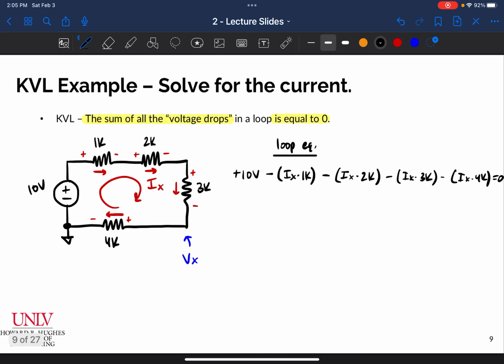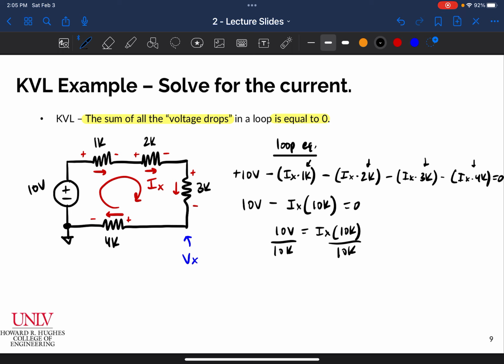I write my loop equation: 10 volts minus, and I can factor an IX out, leaving a 1K, a 2K, a 3K, and a 4K, which sum to 10K, and this equals 0. Adding to both sides, 10 volts is equal to IX times 10K. Dividing 10 volts by 10K on both sides, I get that IX is 1 milliamp.